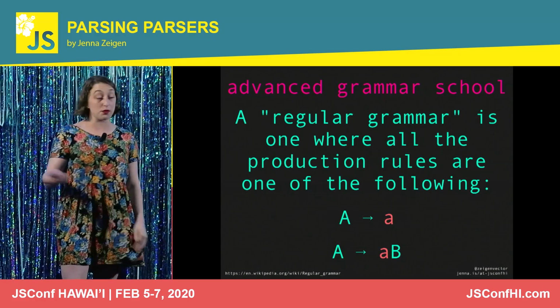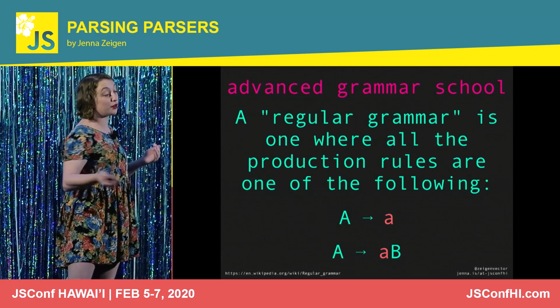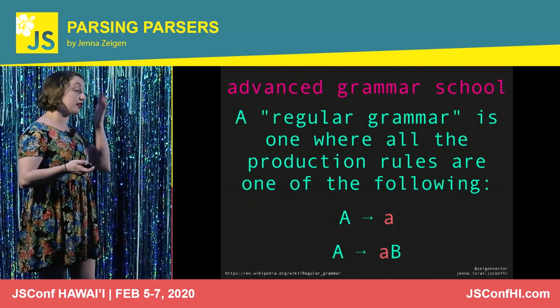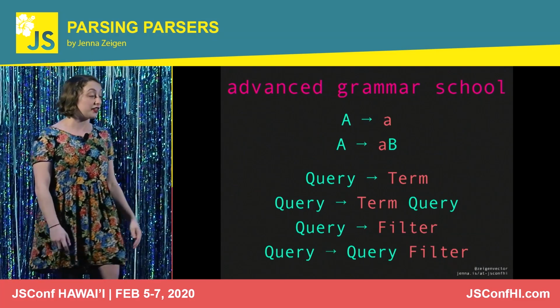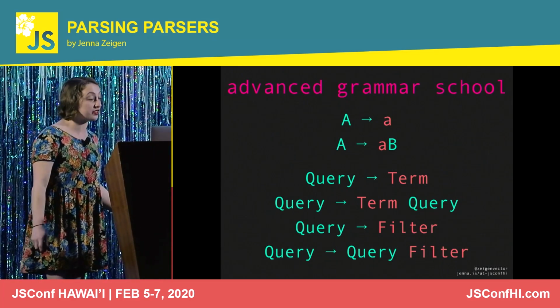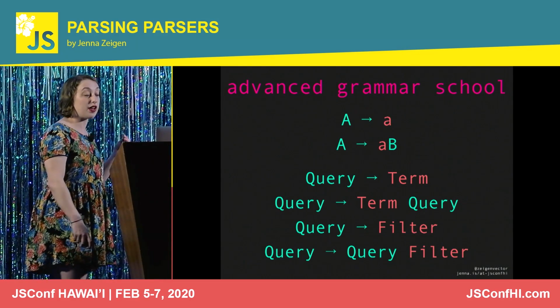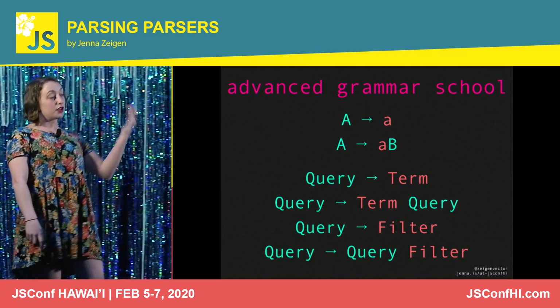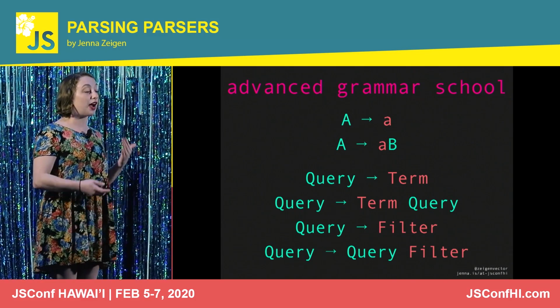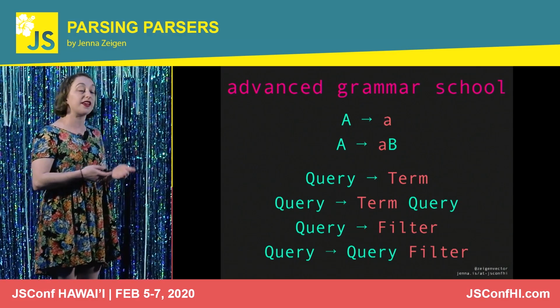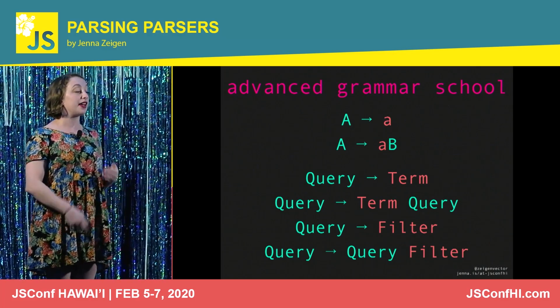The other way that a rule can look is that a non-terminal can be broken down into one non-terminal and one terminal. So if we take a look at our little language, we end up getting something that looks like that. Either we have the non-terminal on the left turning into something that can't be broken down any further, or it turns into a combination of just one thing that can be broken down further and one thing that cannot be broken down any further.